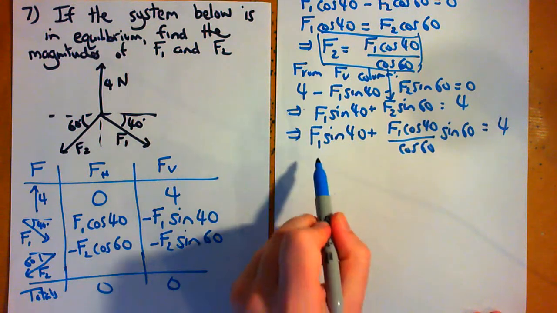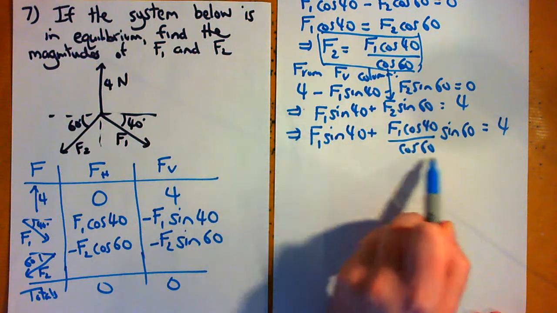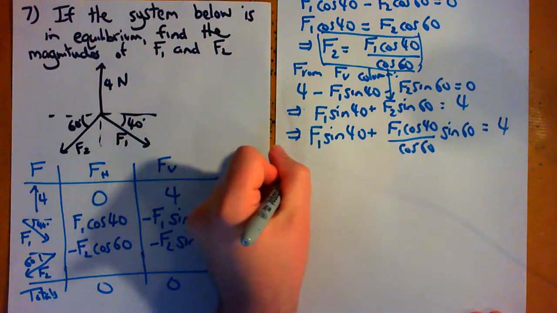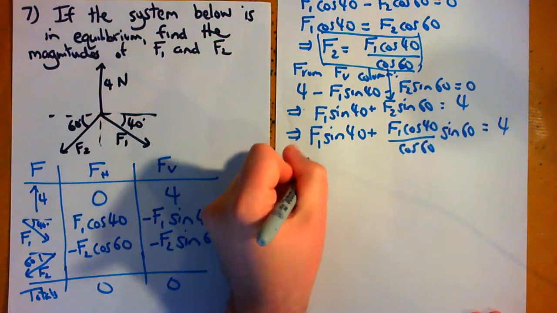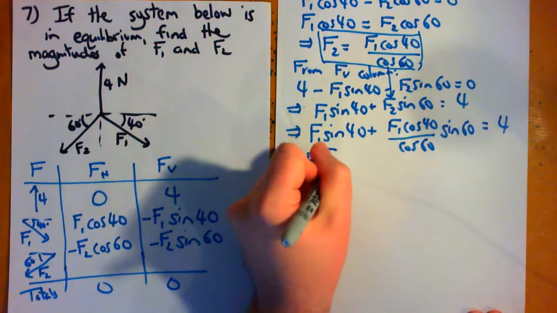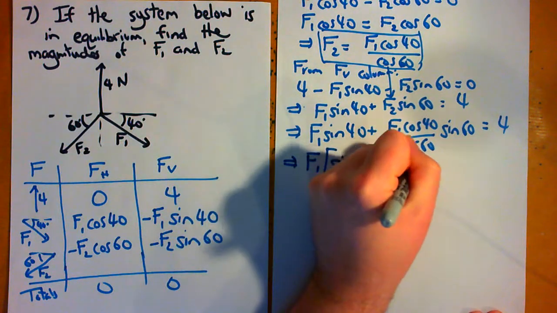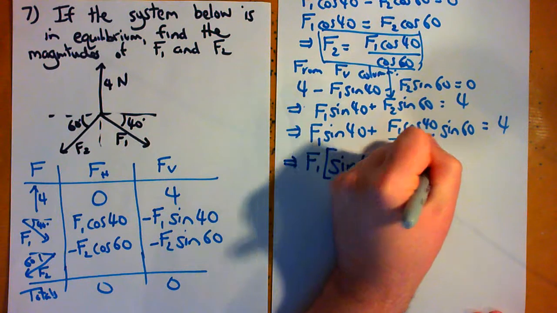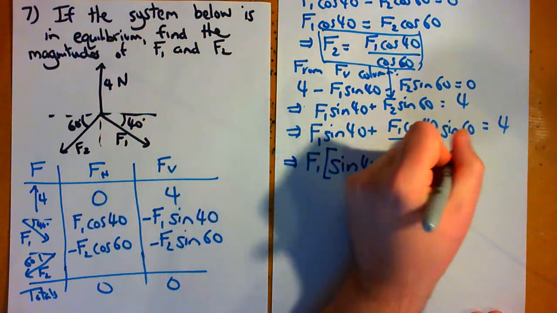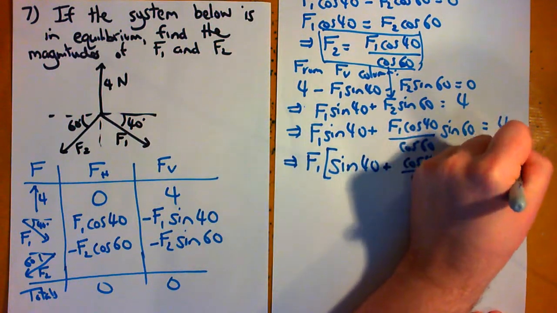Okay, so on this left hand side we've got two terms. What's common to both of them is that they have an F1 multiplying, so we take F1 out as a common factor. So it's F1 times sine of 40 plus cosine of 40 over cosine of 60 times sine of 60, equals 4.